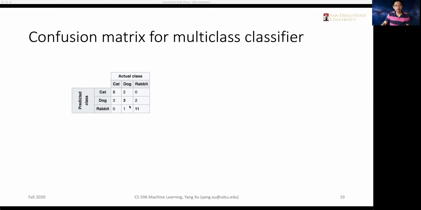So for example, here 3 of the dogs are classified as dog, right? But 2 of them are classified as cats, and 5 cats are correctly classified, but 3 of them are classified as dog. So it basically gives you a very quick way to spot where the model is good and where the model is not good.